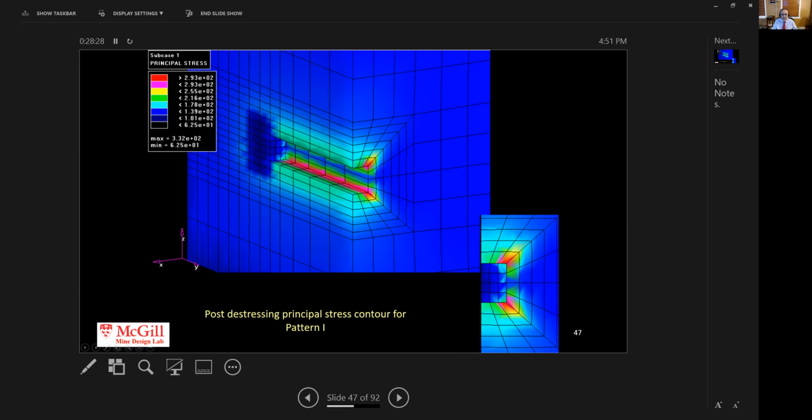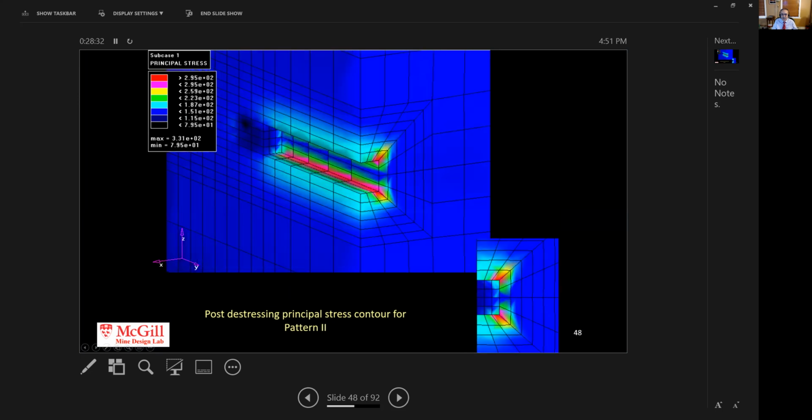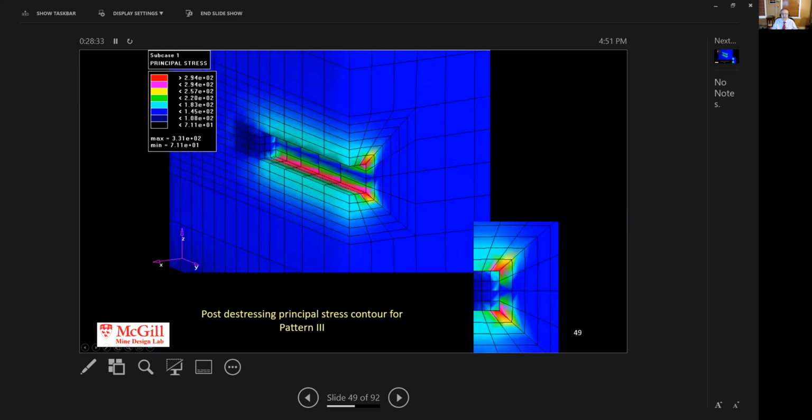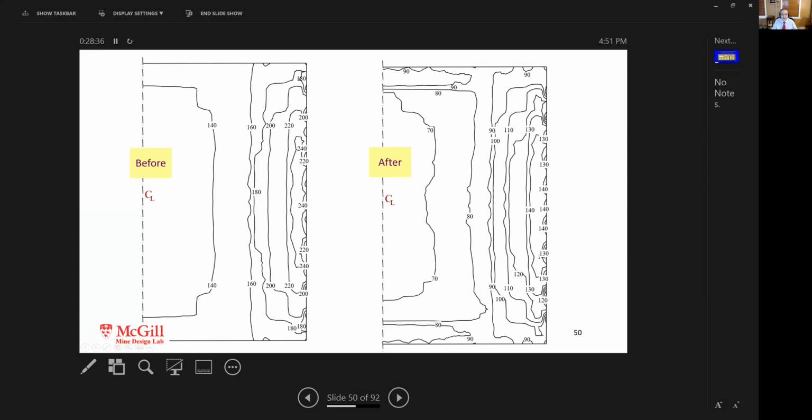Then we looked at the post-distressing principal stresses for pattern 1, pattern 2, and pattern 3. And for each pattern, we would take cross sections in the face, and we compare between before and after. So before there were stresses in the order of 220, 240, reduced significantly here, where we take that section.